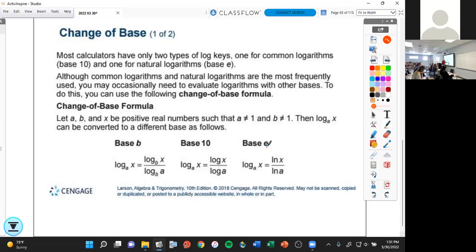Keep in mind, this is the same thing: log base e of x divided by log base e of a. But we don't ever write log base e, but understand that log base e is natural log. Questions on that?